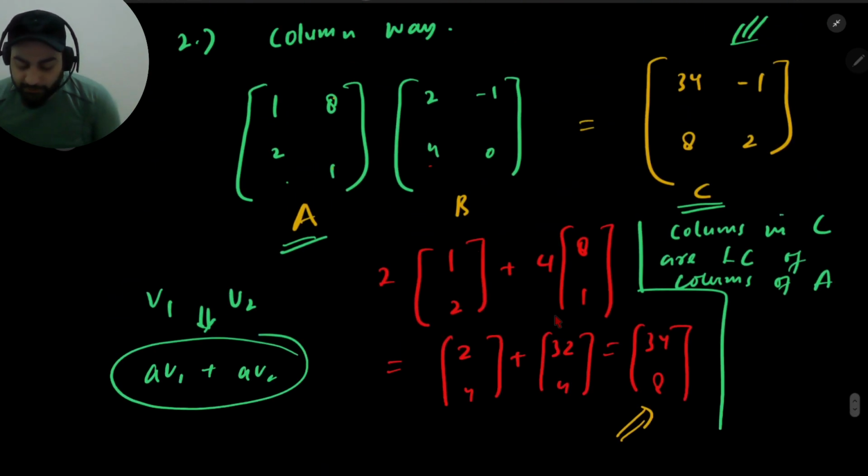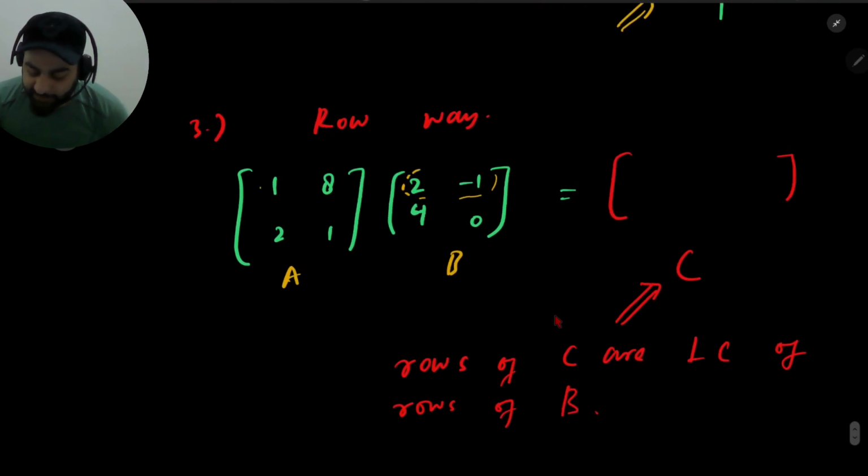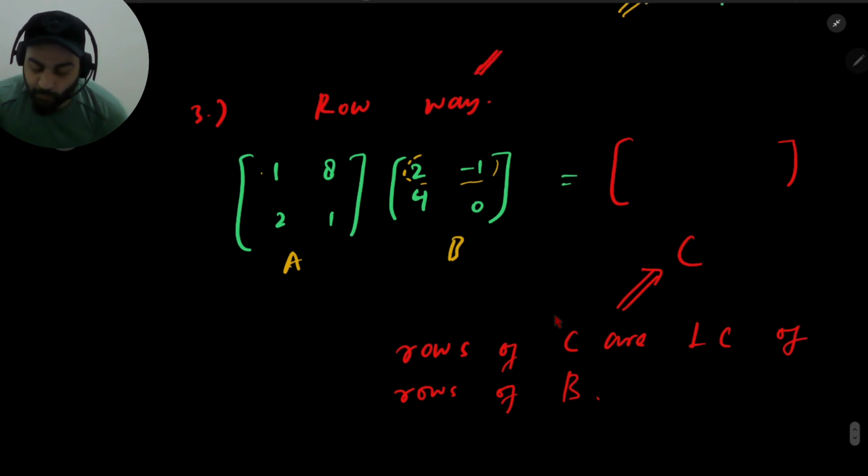As we saw in the first case, the columns of C were the linear combination of columns of A. In a similar fashion, when I do the multiplication with rows, I'll consider the rows of matrix B and take the linear combination out of this. In order to get the first row, I'll take the whole matrix and see if I only had one row.